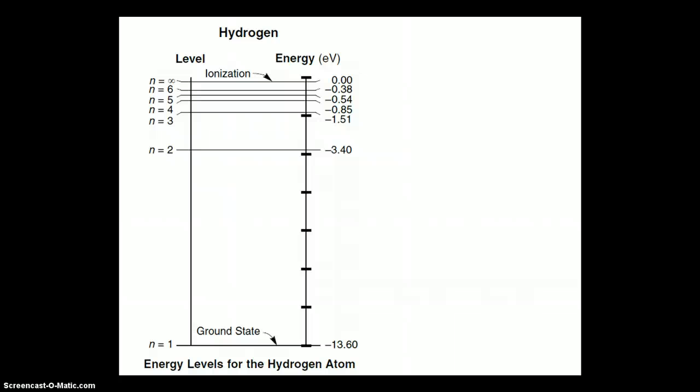They are when an electron transitions from n equals 6 to n equals 2, n equals 5 to n equals 2, n equals 4 to n equals 2, and n equals 3 to n equals 2.